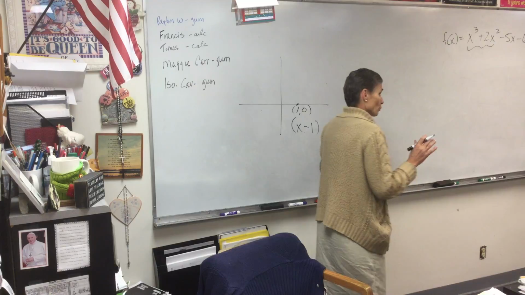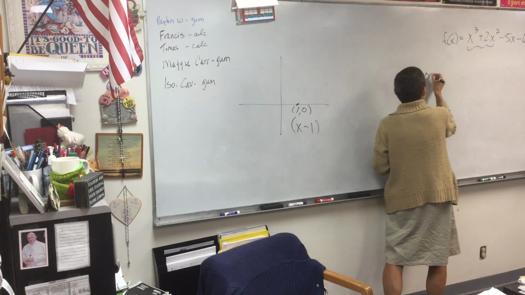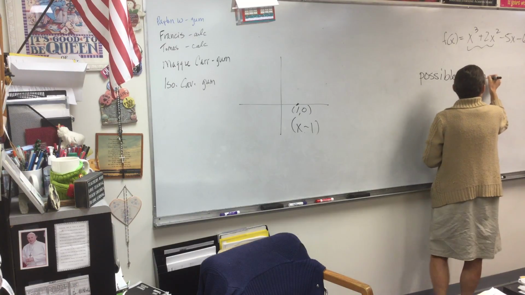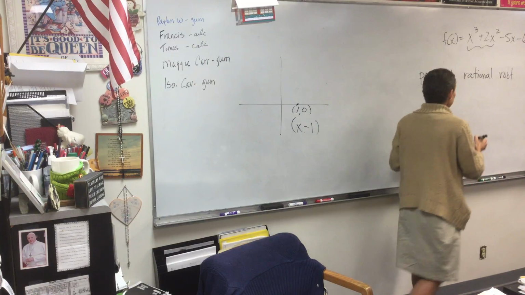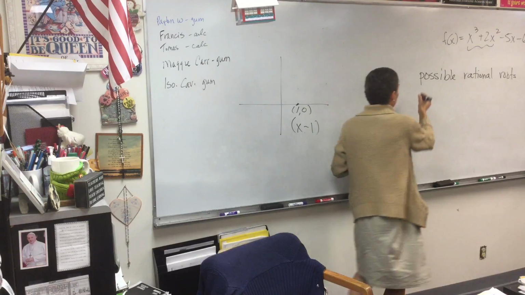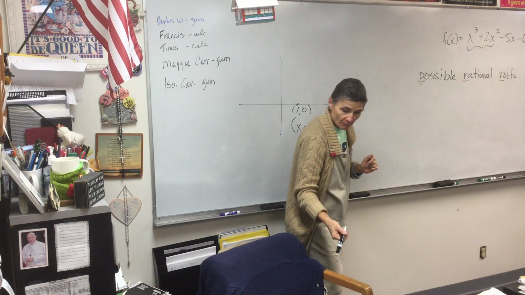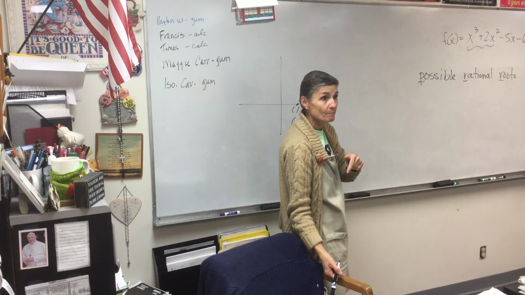Luckily, some really smart people a long time ago came up with something called the possible rational root theorem. The possible rational roots. I call them PRRs. And that's why on the paper you'll notice I have a little PRR over there to the side.